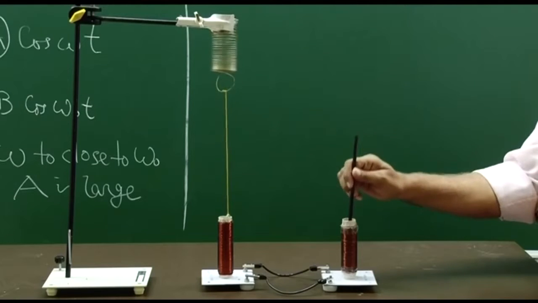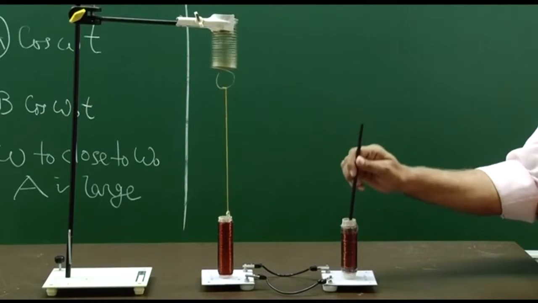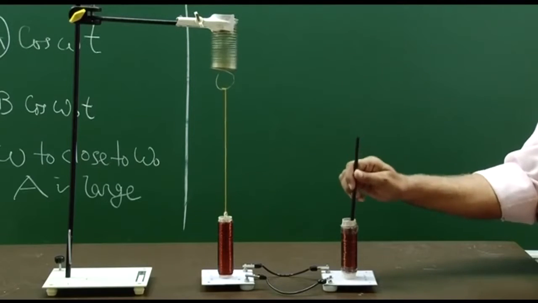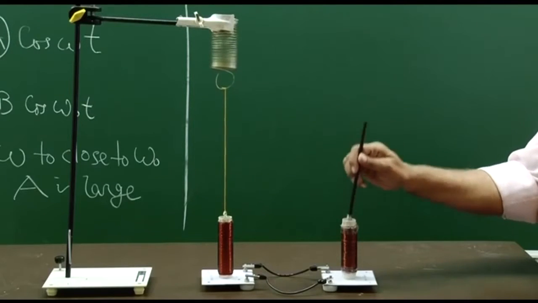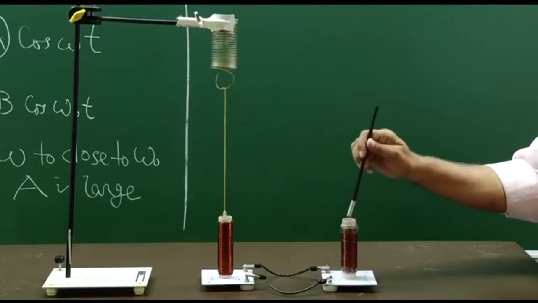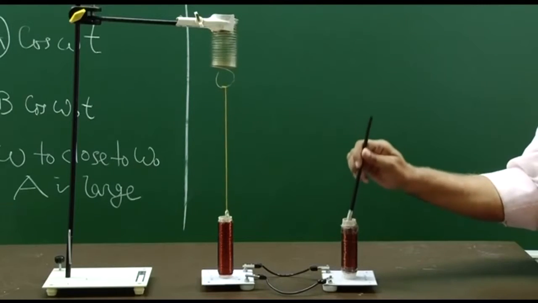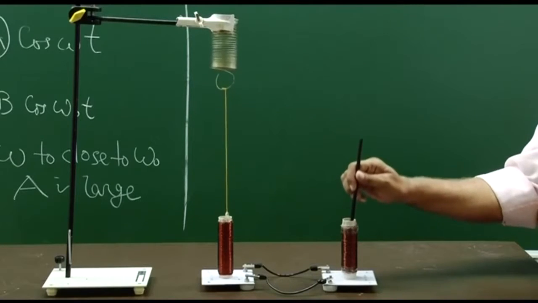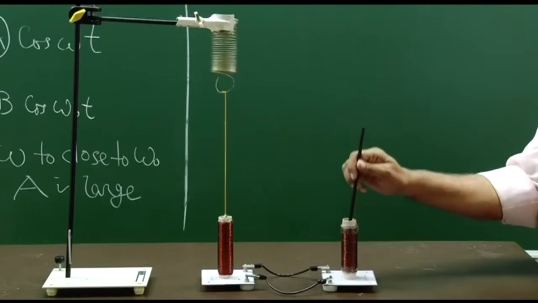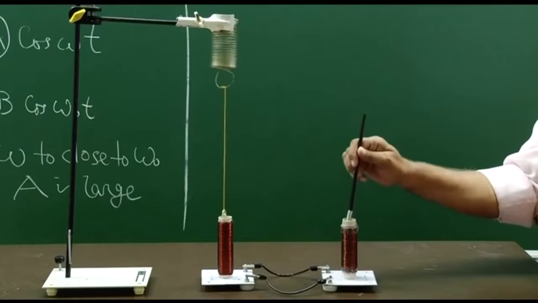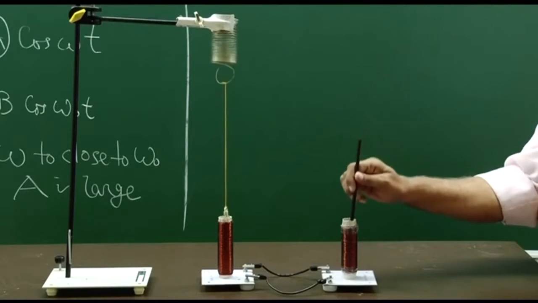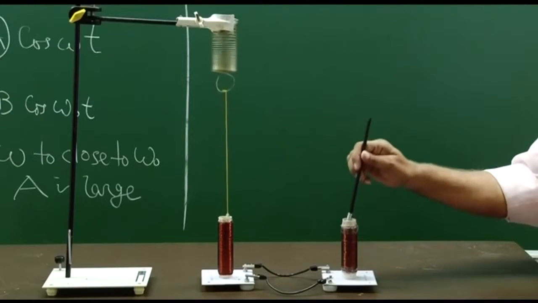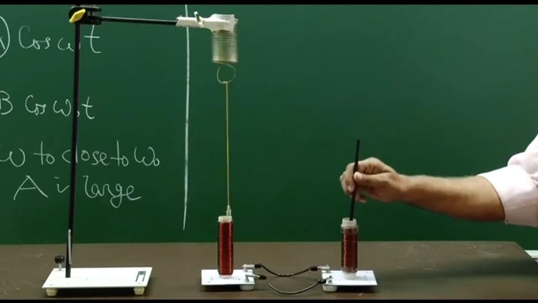The magnet is now oscillating with a much larger amplitude, whereas if I decrease the frequency, the amplitude goes down. If I increase the frequency too much, amplitude goes down. But if I keep the frequency somewhere here, the oscillation amplitudes are maximum. So, this is resonance.